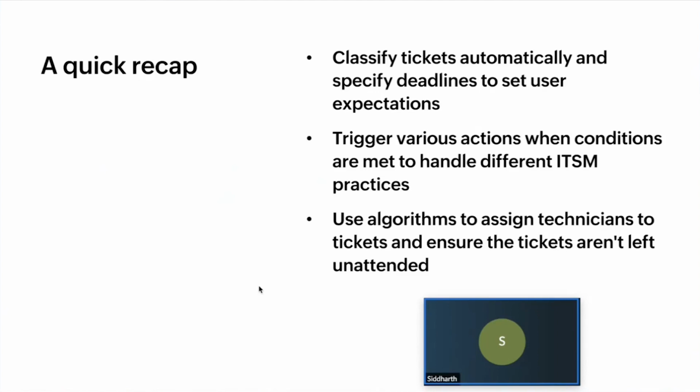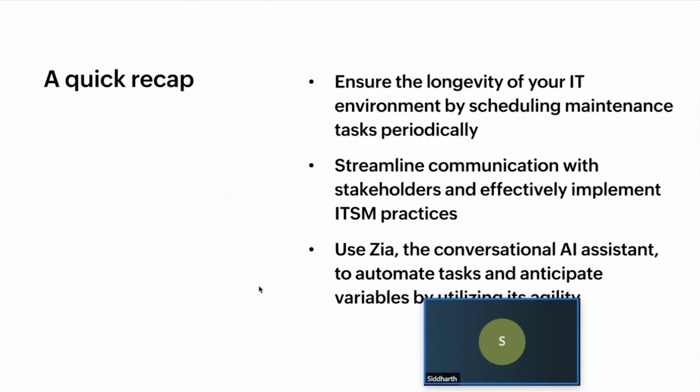Starting with classifications to imposing deadlines based on the context of the request, triggering various actions using business rules, custom triggers, and timer actions. We used algorithms such as load balancing and round robin to manage the workload of technicians. We configured backup technicians to ensure that no ticket is left unattended.